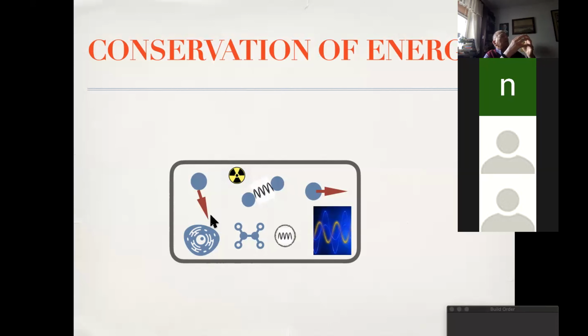So the nucleus disintegrates, and when it disintegrates, it releases energy, and it releases energy in three different kinds. It releases the kinetic energy in the form of very heavy particles called alpha particles, which are nothing else than nuclei.